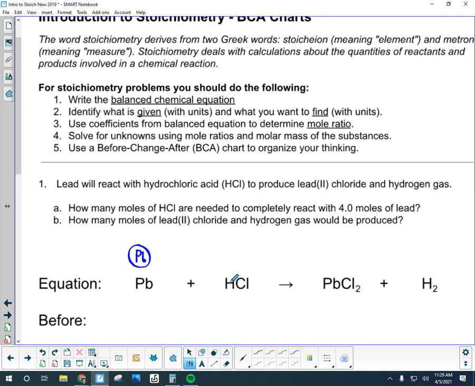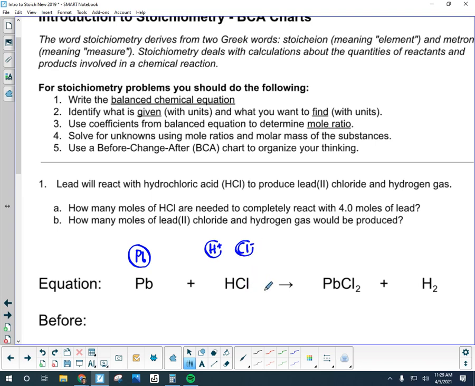We haven't really done a full unit on acids yet. We will. But with acids, you always have an aqueous solution, and you have a hydrogen, an H+ ion, and a negative ion. So instead of drawing this together like a molecule, I'm going to separate it out into an H+ ion and a Cl- ion.